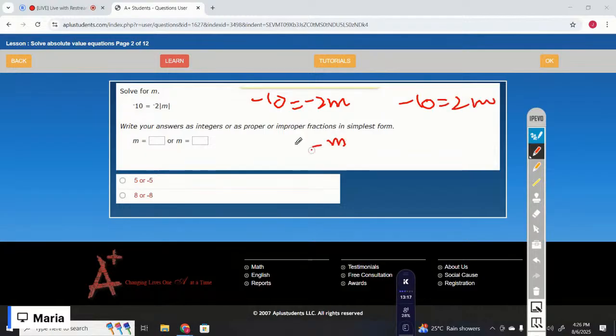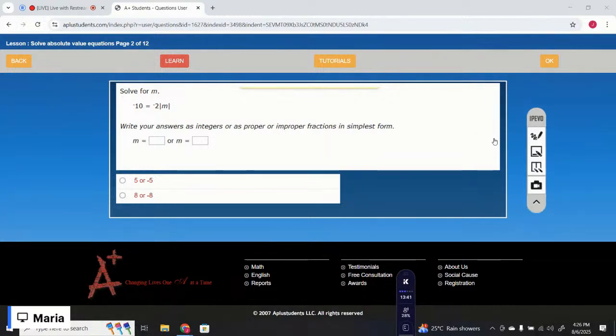So m equals 5 and m equals negative 5. Option number 1 is the correct option. They are 5 and negative 5.